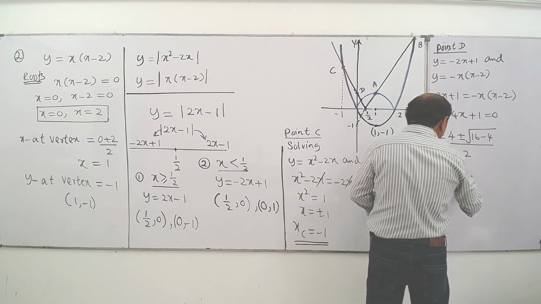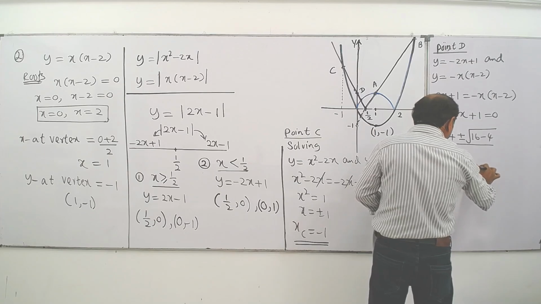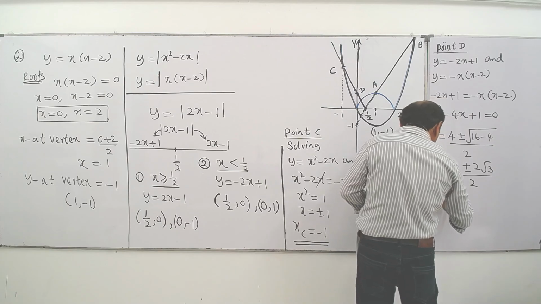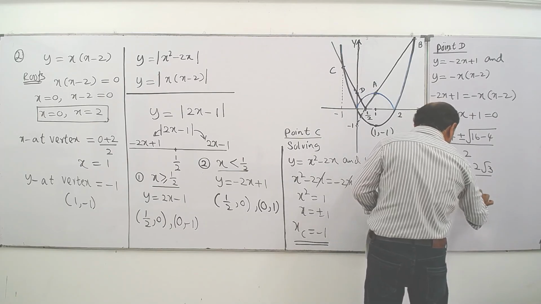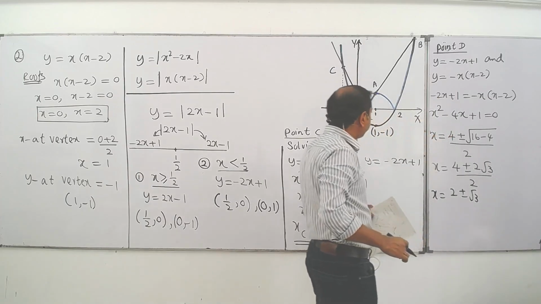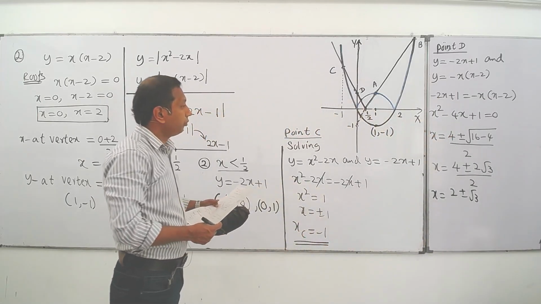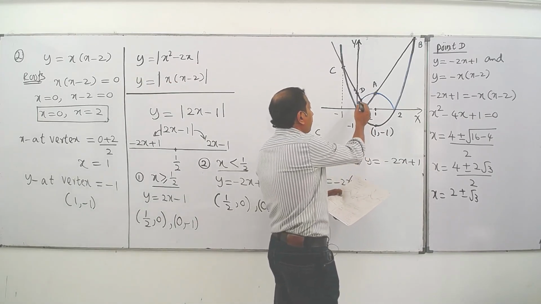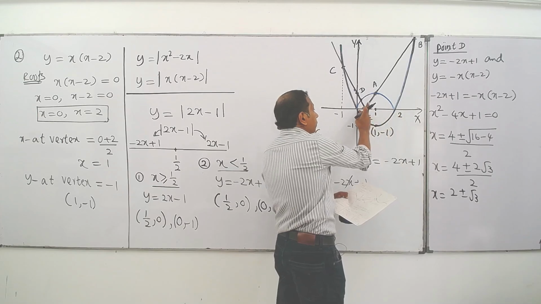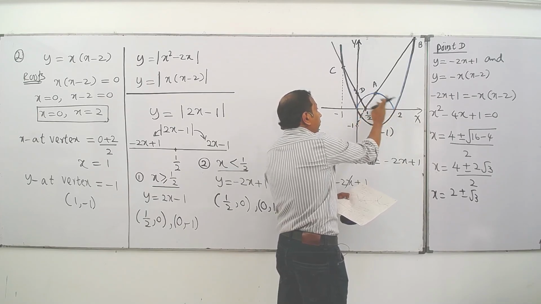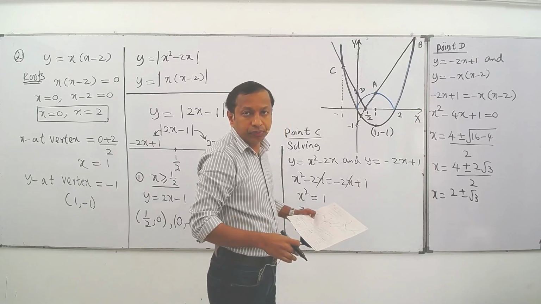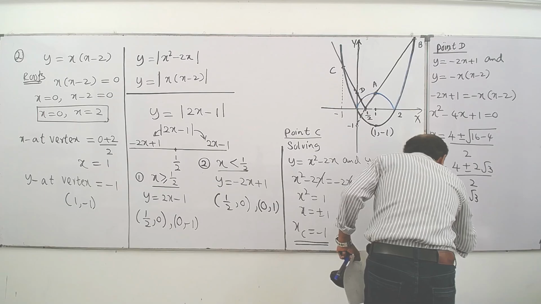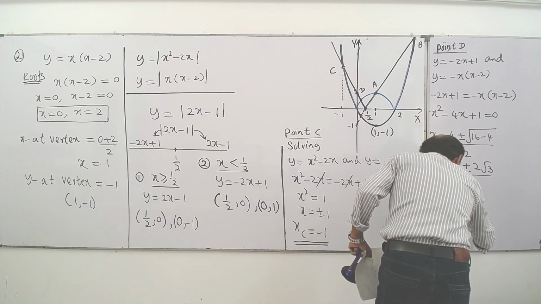Square root of 4 is 2. 2 root 3 by 2. Dividing by 2, we get 2 plus or minus root 3. Okay. Then the x coordinate of this D should definitely be less than this 2, no? Because that's obvious, the point D lies on the left of 2. Therefore, we have to select the minus sign. xd is 2 minus root 3.